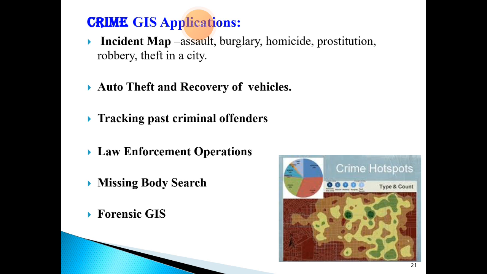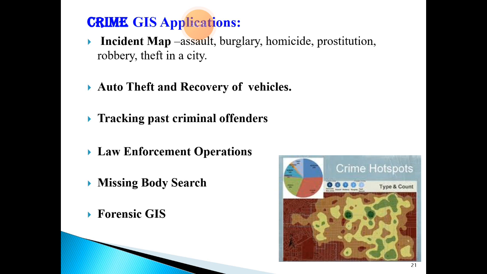Next is GIS finds its application in monitoring the crime. GIS is used to map an incident of crime such as assaults, burglary, then robbery, theft, prostitution, etc. The technology is also used to recover the vehicles and auto theft.